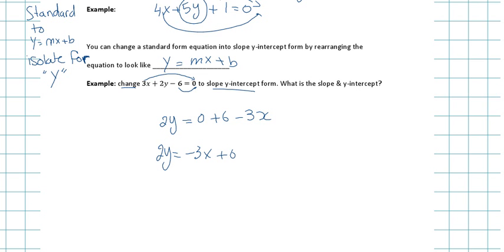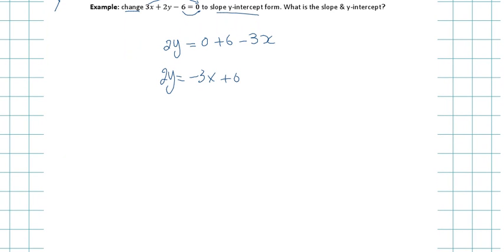Move the 2. Get rid of that 2. The y has to be by itself. No one likes the y. Everyone wants to get away from it. So what do I do with that 2 when I move it over? What kind of operation do I have here? What's the opposite of that? Division.